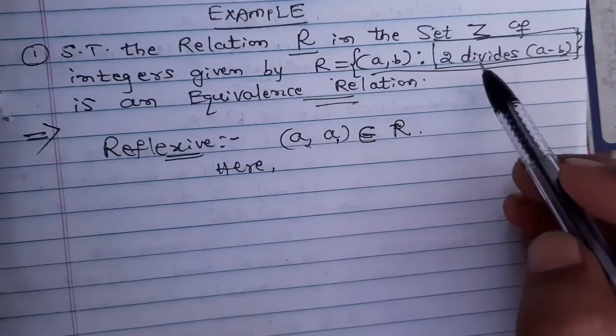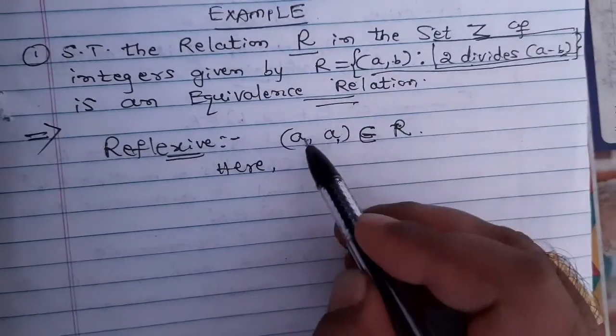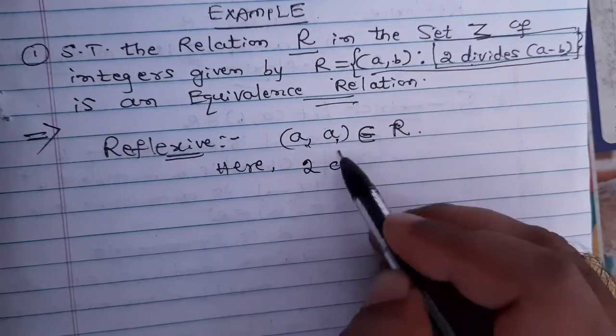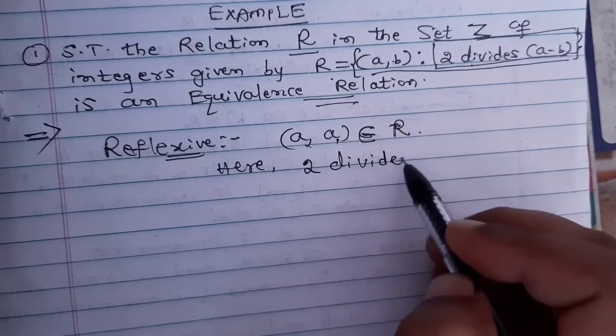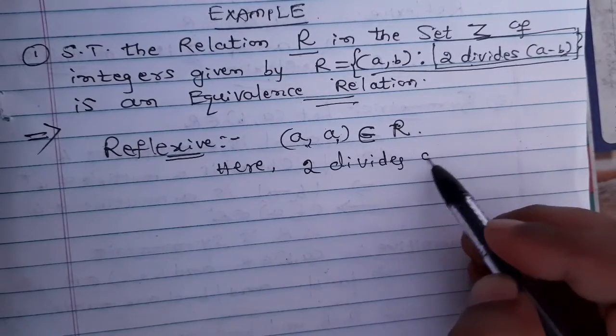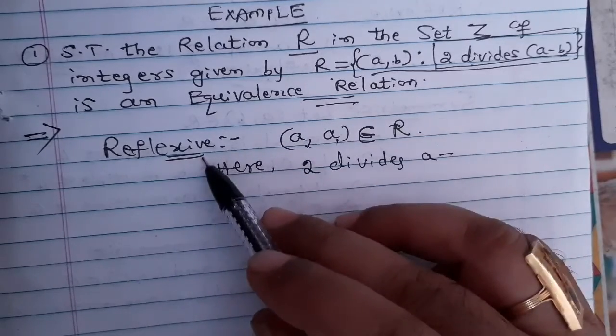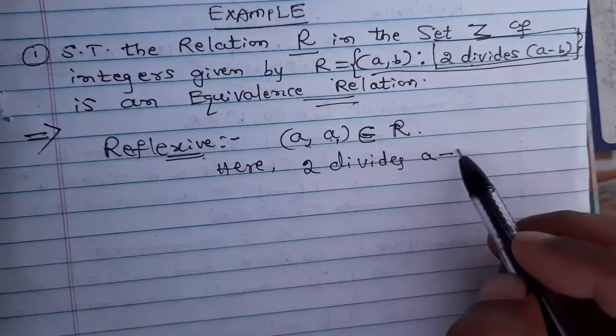See here, keep it in mind, 2 divides a minus b is given. So we are checking for reflexivity, so we have to replace b by a.